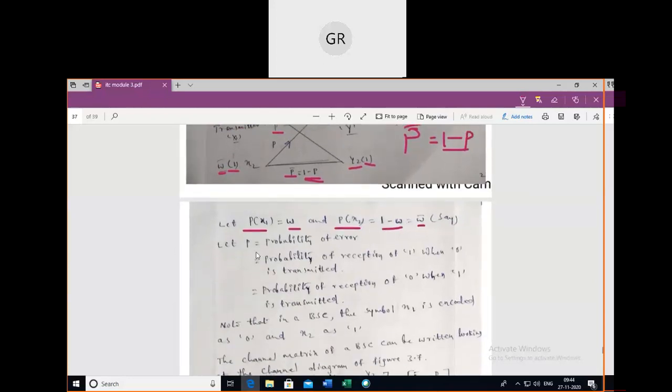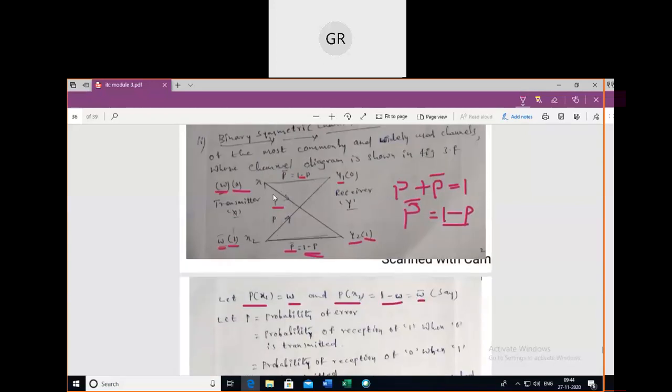P is equal to the probability of error: the probability of reception of 1 when 0 is transmitted, and the probability of reception of 0 when 1 is transmitted. See here, where is P? This P is the probability of error.